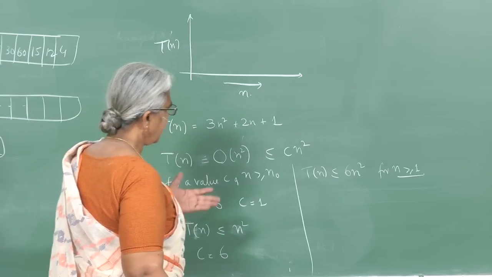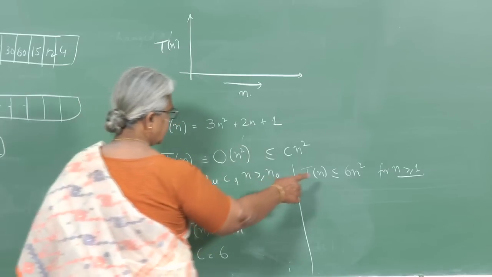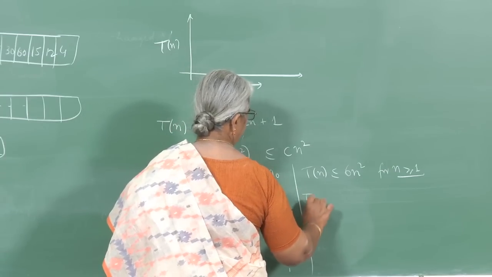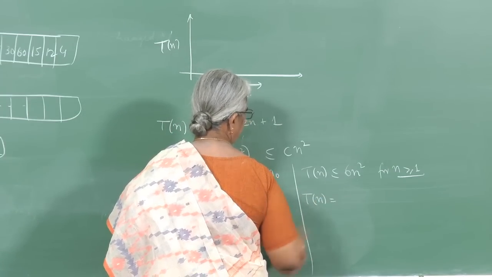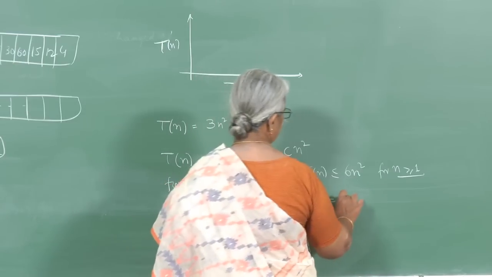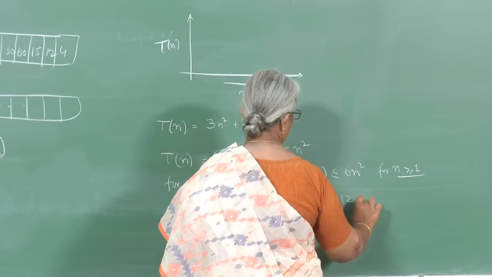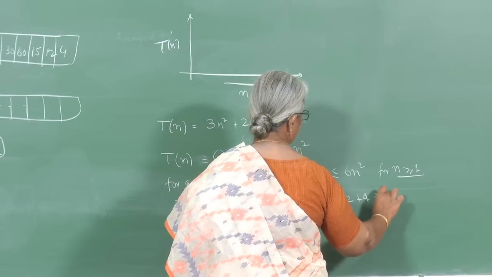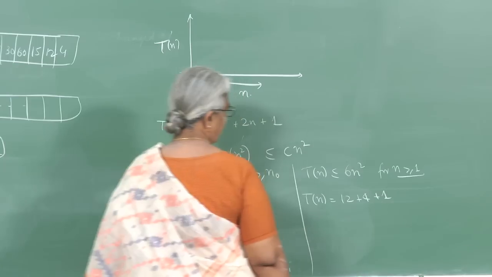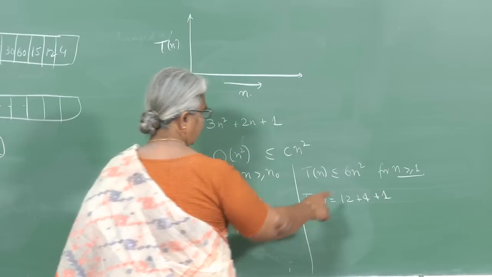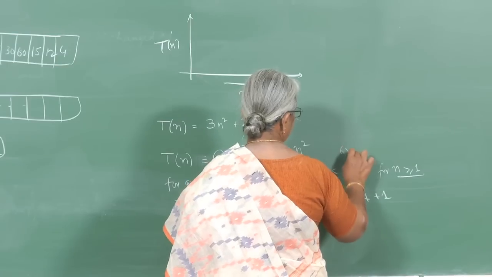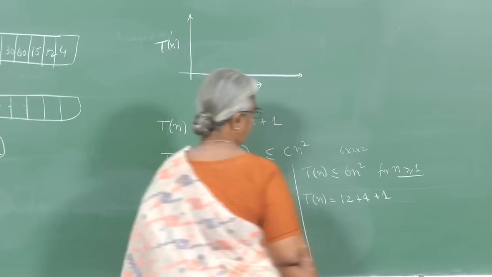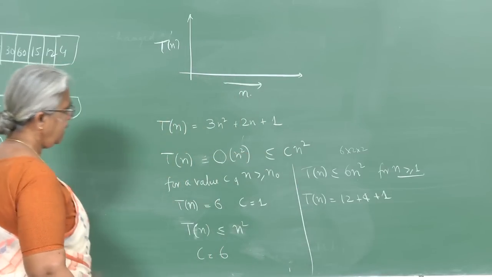As n increases, for n equal to 2, what happens? We have T of n is equal to 3 2s are 6, 6 2s are 12, plus 4 plus 1. Okay. So, when n equal to 2, I get 6 into 2 into 2, 12 into 2, 24, versus 16, 17. Therefore, it is still less than 6 n squared.